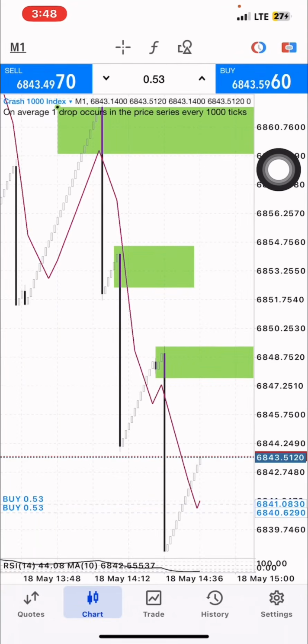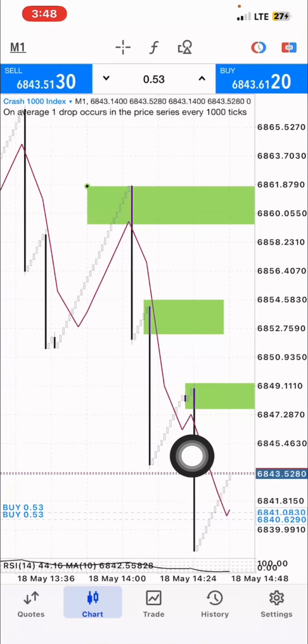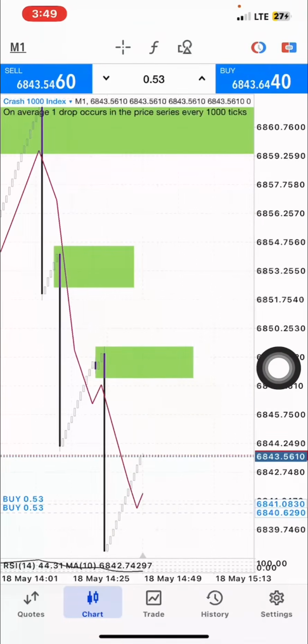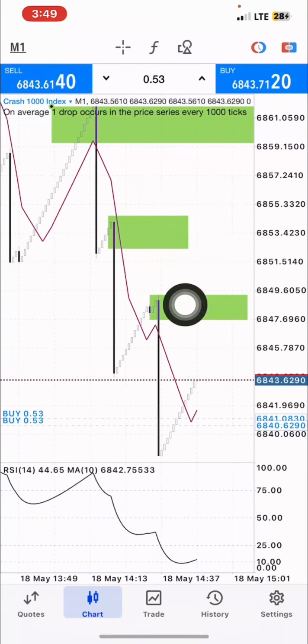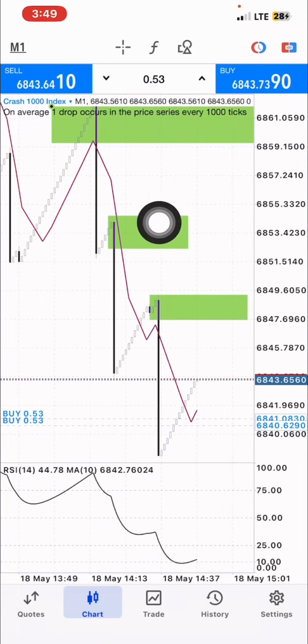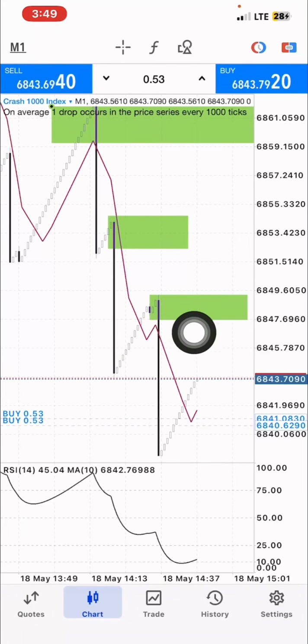So now, how do you use these indicators to determine where to buy from and where to sell from? After looking at the high time frame market structure, you also have to look at your moving averages for your second confirmation.